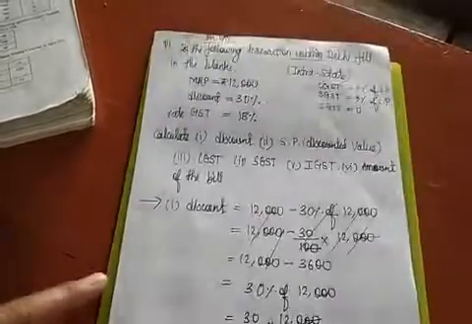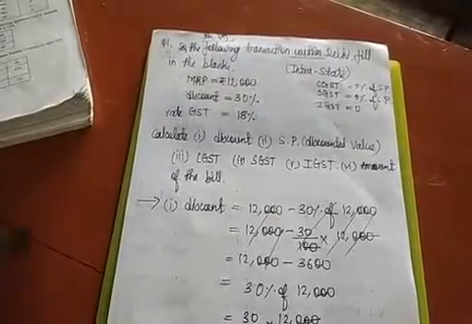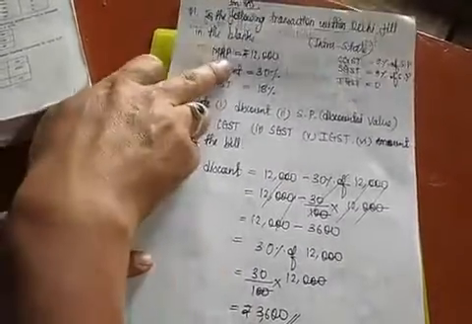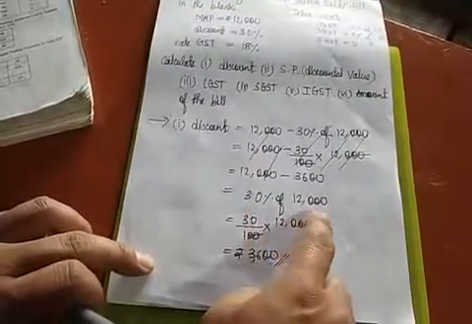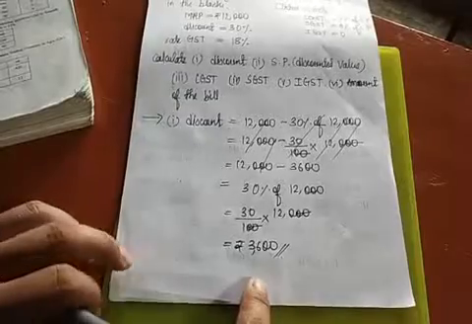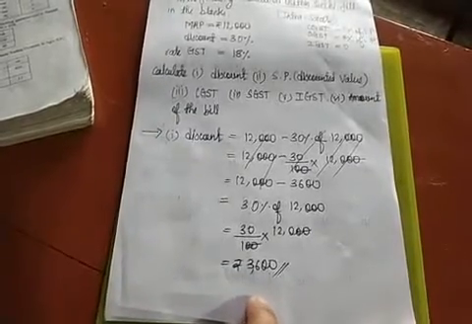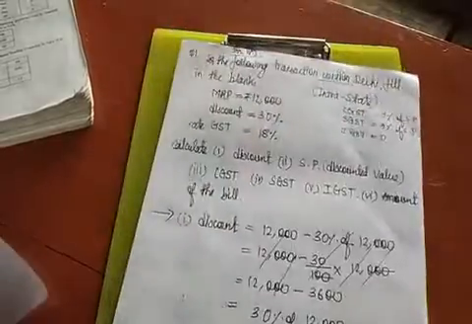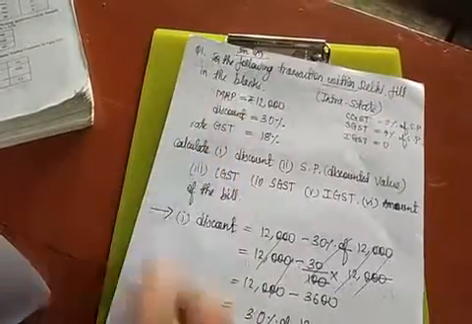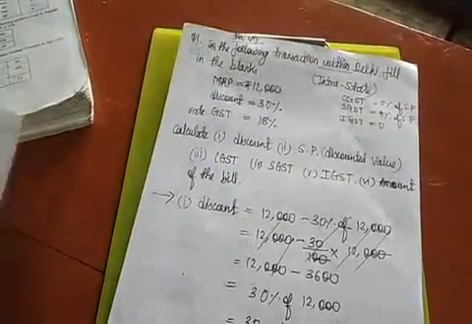The first thing we were asked to calculate was discount. What is the discount percentage? 30%. So you just have to calculate 30% of 12,000, which will be equal to 3600. So 3600 is the discount given to us. But what is the mark price? 12,000.